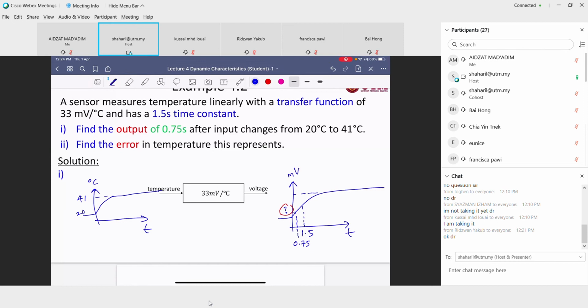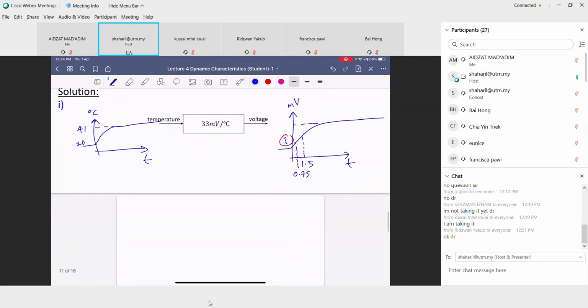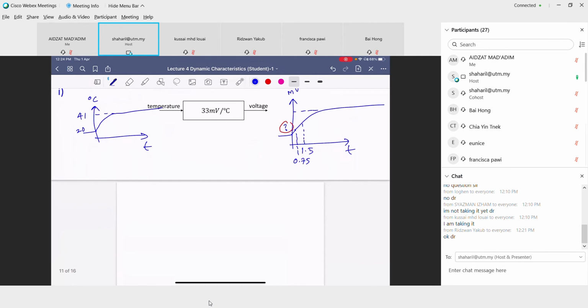In order to do this is quite simple. You can write y(t) equals y initial plus y final minus y initial, times 1 minus e to the power of minus t over the time constant.